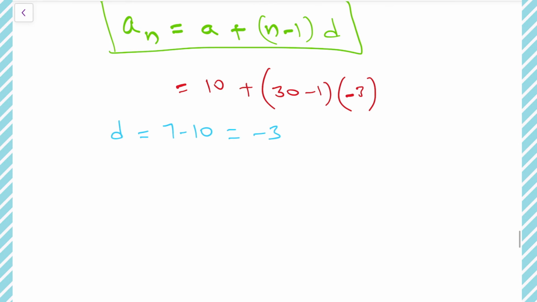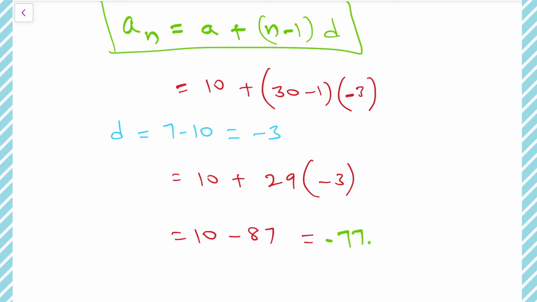Now 10 as usual plus 30 minus 1, 29 times minus 3. 29 3s are, sorry, 29 times minus 3, minus 87. 10 minus 87 is equal to minus 77. So in the given arithmetic progression, the 30th term is minus 77.